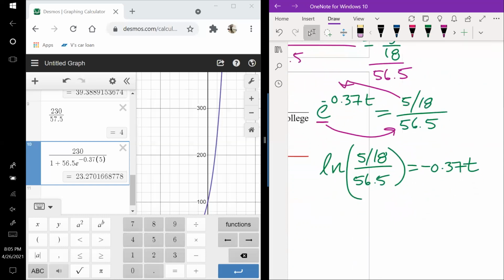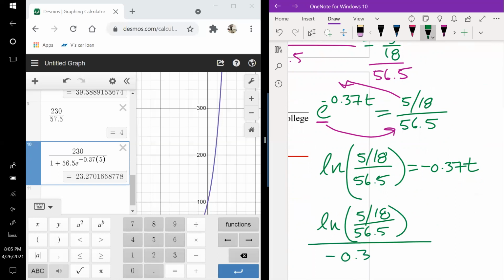Now divide by 0.37, and we get the natural log of 5 over 18 over 56.5, over negative 0.37, equals t.